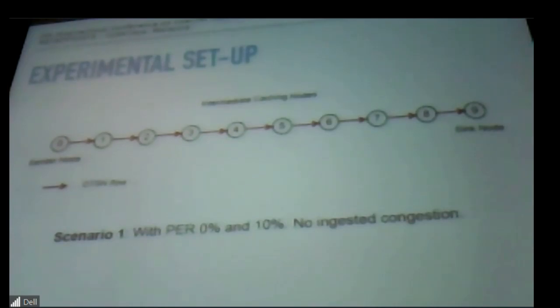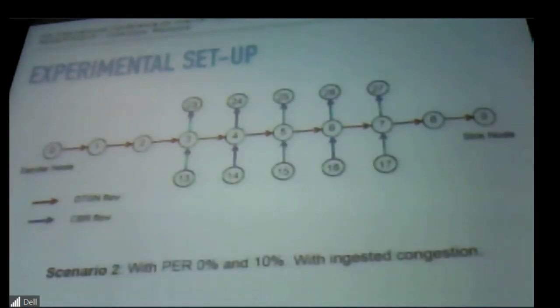We expose all the nodes to a packet error rate of 0% and 10%. The first scenario is just implementing the DTSN protocol. And then for the other one, we ingest 5 more nodes having a CBR flow of 448 Mbps. The method of ingesting congestion is increasing the number of CBR flows.